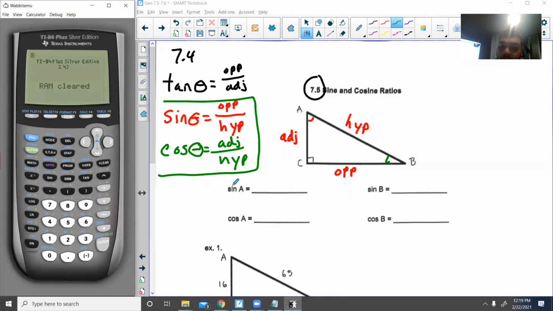With that in mind, let's do each part. So the sine of A, the opposite of A, you have to look at the opposite side, which is across. That is CB. So CB divided by hypotenuse. Now the hypotenuse, regardless what angle you're using, regardless what corner of the room you're standing, will always be the hypotenuse, which means it's going to be AB.